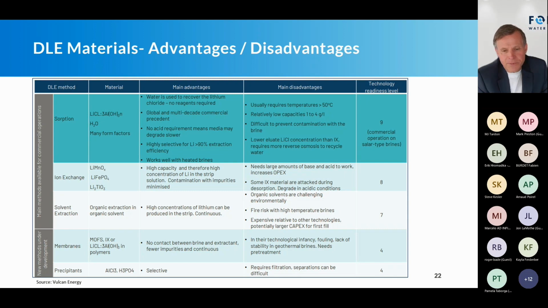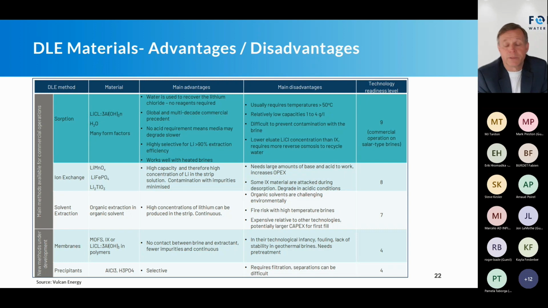The other aspect to absorption materials is that you typically have to operate the brines or the loading at a higher temperature. Now, that may not be a problem if you're doing geothermal brines, which are already at a high temperature. In fact, the challenge might be that you have to cool it down. So that's great. If you already have an elevated temperature in your brine, you won't have to heat it.